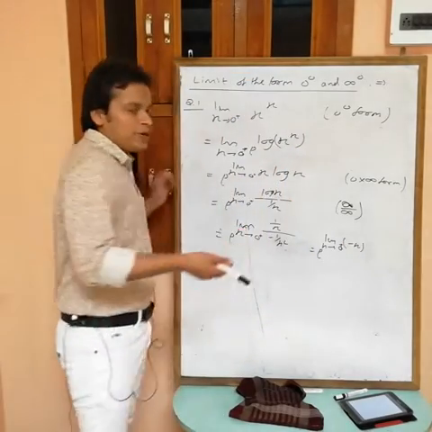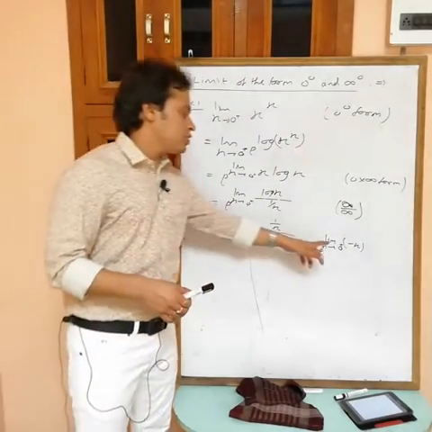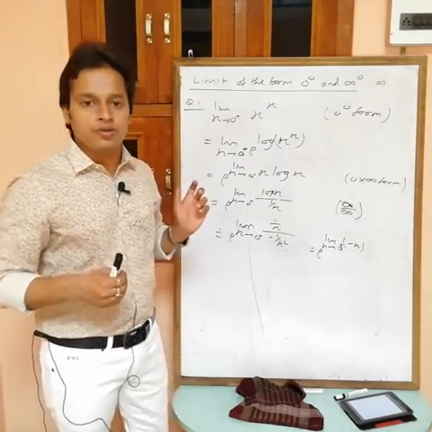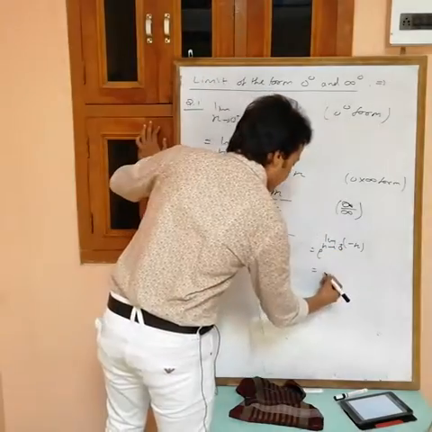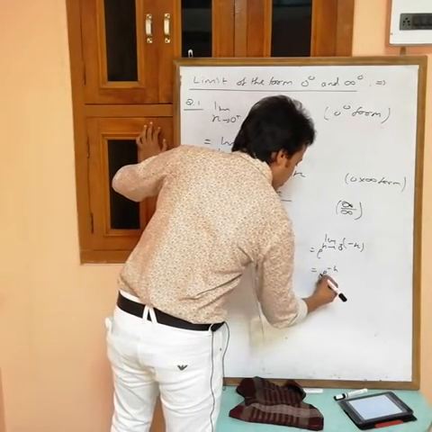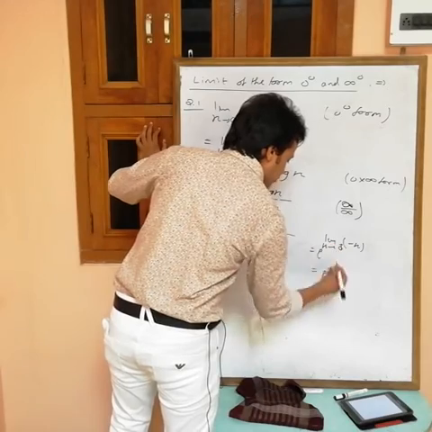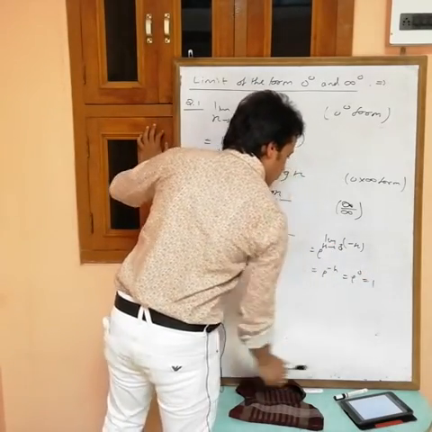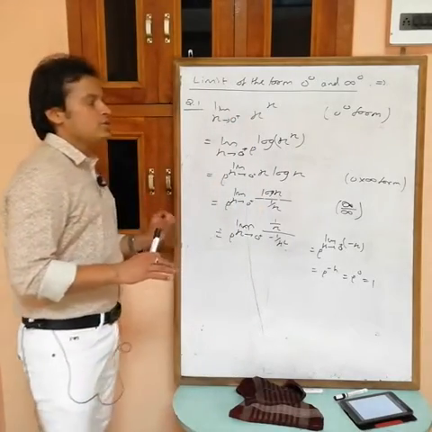Now put 0 plus h, you will get minus h. At the end we have to put h equals to 0. So e power 0 is equal to 1. So the answer is equal to 1.